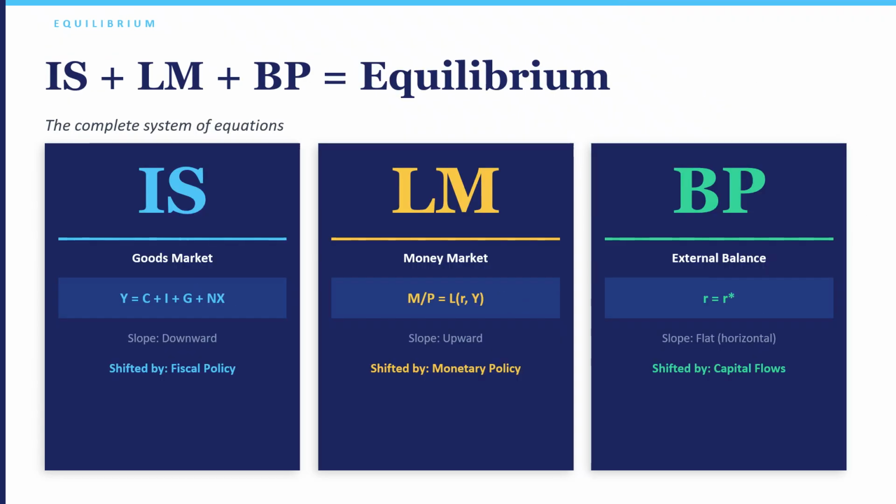Recap of all the curves. You have the IS curve, Y equals C plus I plus G plus NX. It slopes downwards, and fiscal policy will shift it left or right. The LM curve, which is M over P equals L of r and y, slopes upward, and monetary policy will shift it left or right.